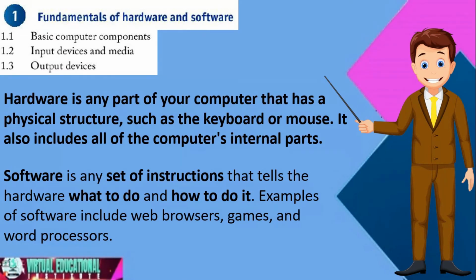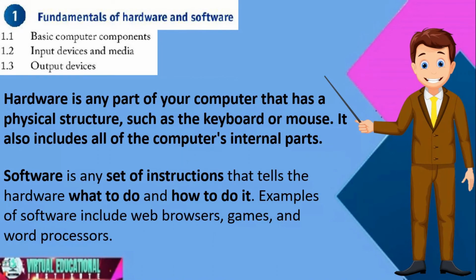Yes, you can see the keyboard and you can touch it, or the mouse, and you can see the mouse and you can touch it as well. It also includes all of the computer's internal parts, meaning if you should open your computer system, there are several parts inside as well. And once you can see them and you can touch them, they are classified as hardware as well.